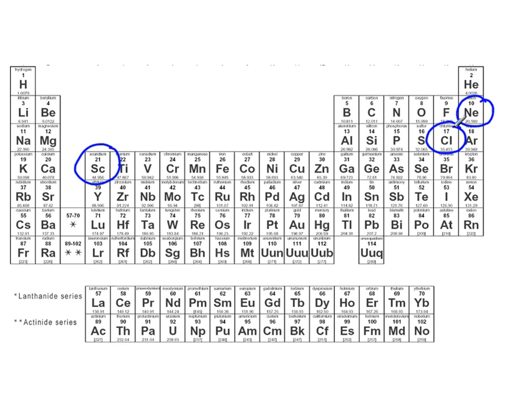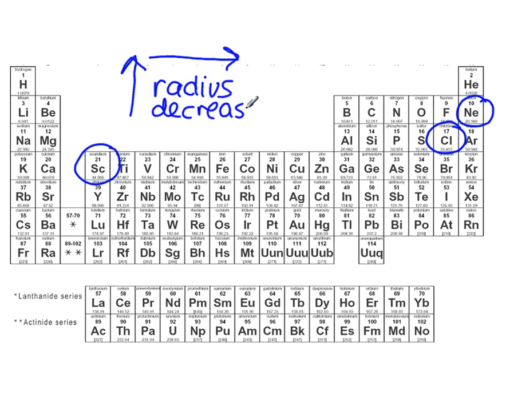Next thing I want to do is think about the trend. So with our trend, we said we're always going to go in the same direction, bottom to top and left to right. We said that if we follow this pattern, the radius decreases. So if we're going up and we're going across, the larger atoms are down here, and as we go up and across, the smaller ones are up here.